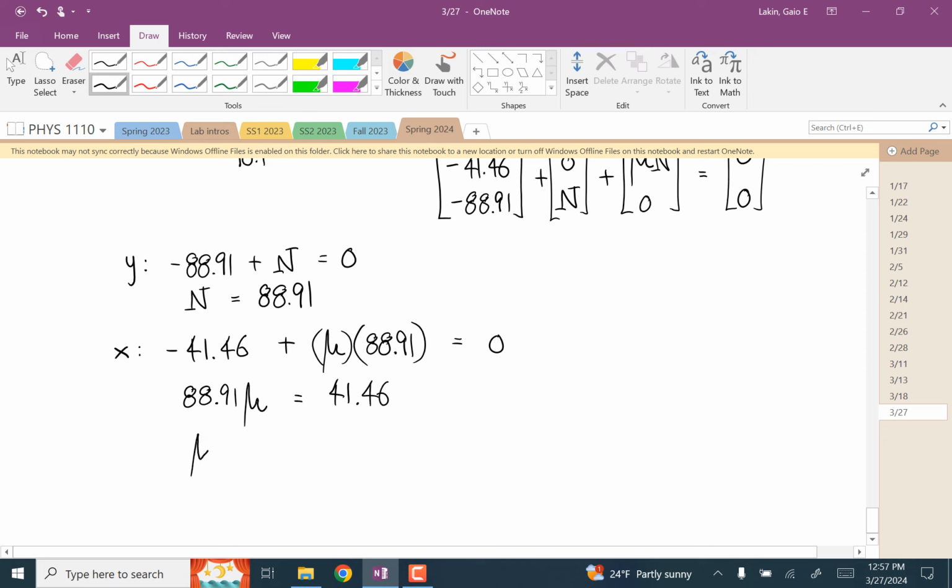And so mu, in order for this to keep a constant velocity, has to be 0.466.